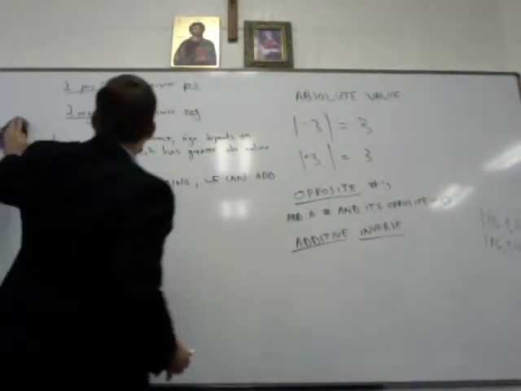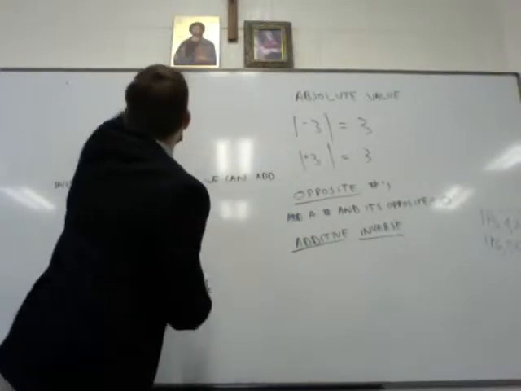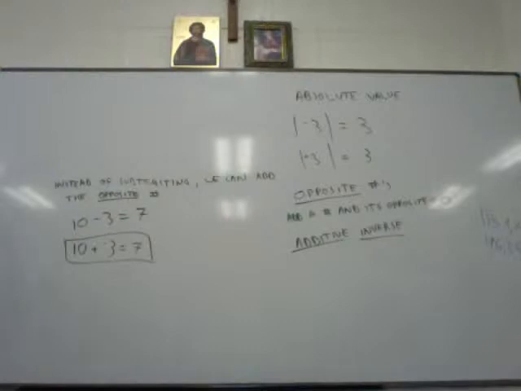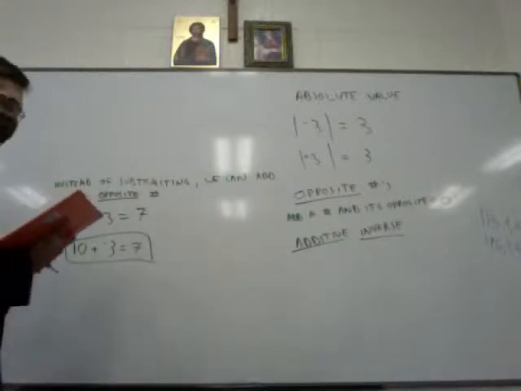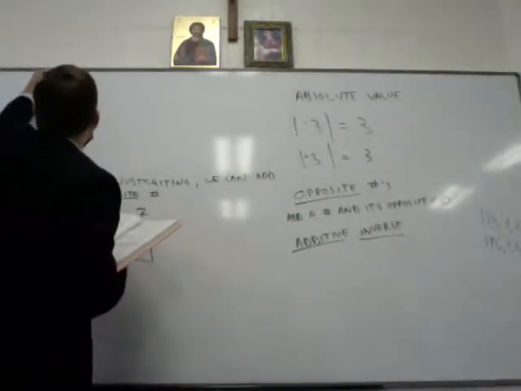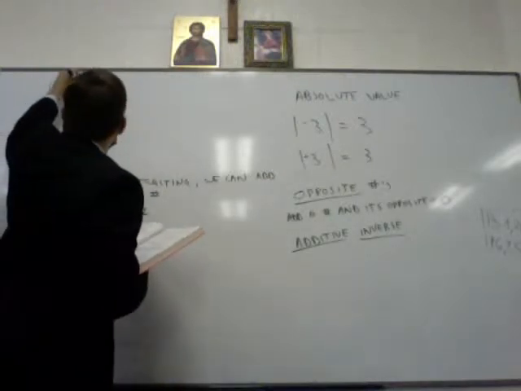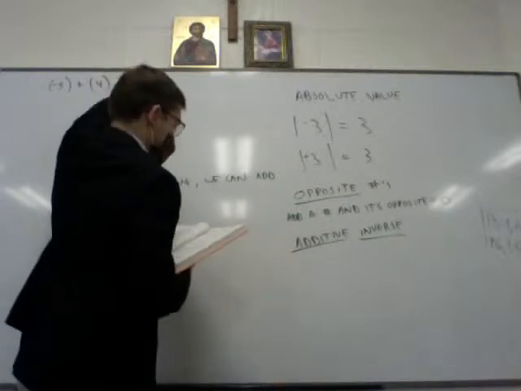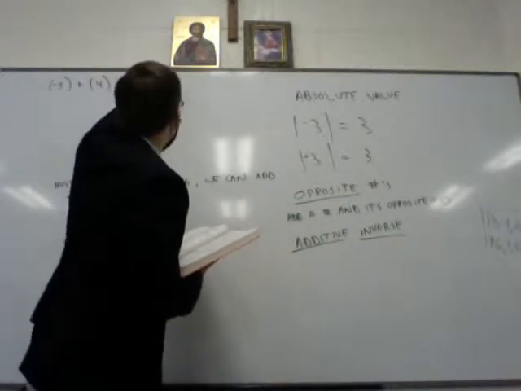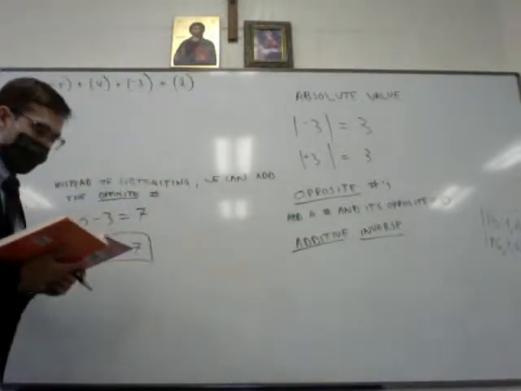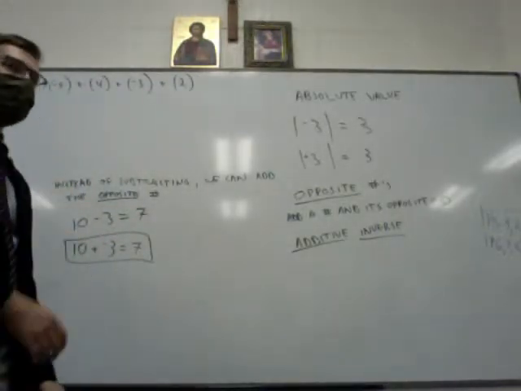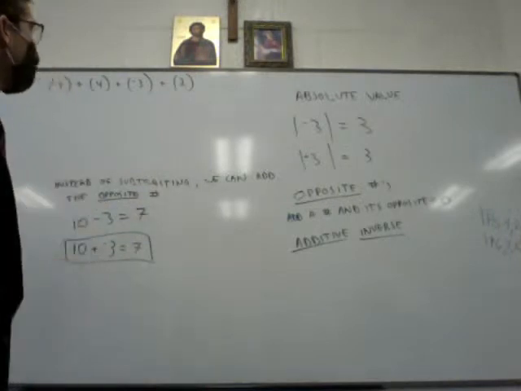Now, because the order doesn't matter, anytime we have multiple signed numbers that we're adding together, and if you look at the top of page 31, that's where we are now, for example, if we want to add negative 5, 4, negative 3, and 2, what's the easiest way to do this?